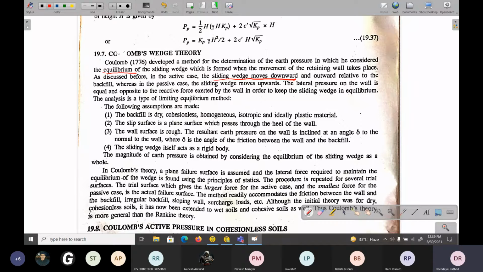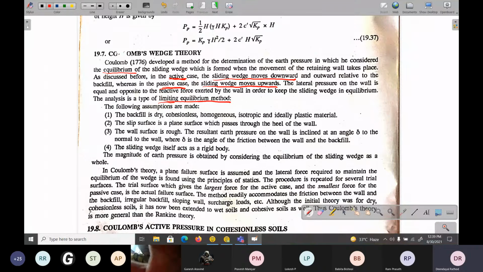The analysis is a type of limiting equilibrium method. In the passive case, the wedge moves slightly upward. So these are the assumptions he made.